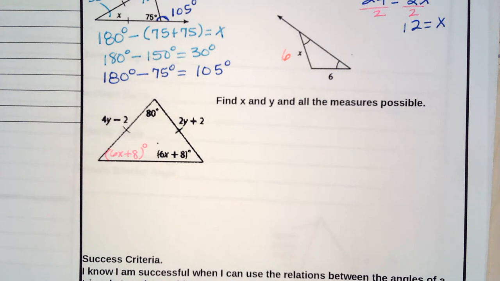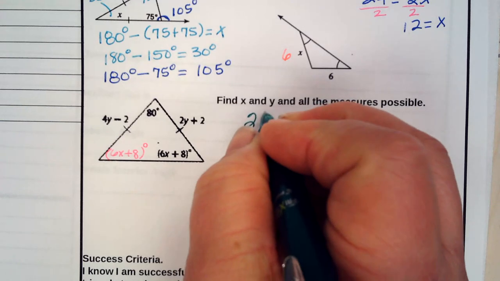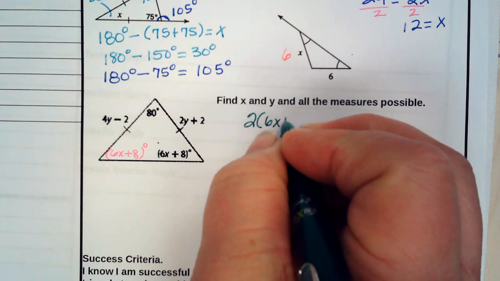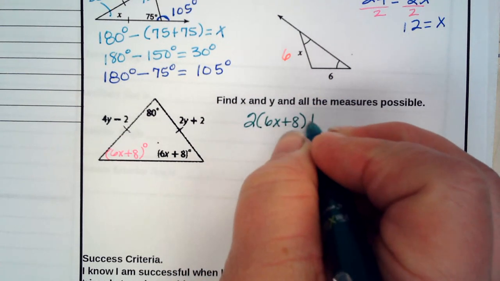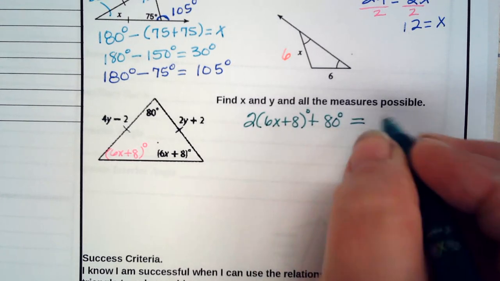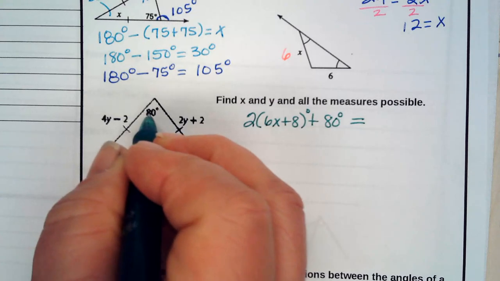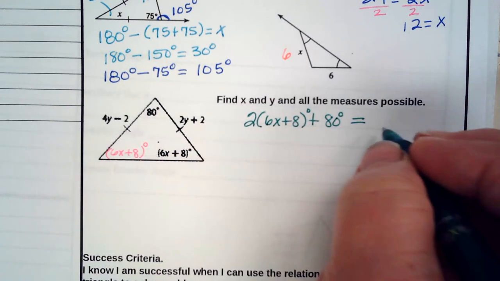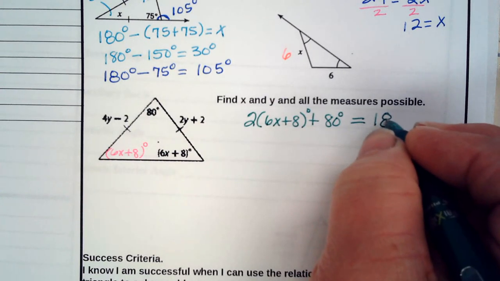So we can take 2 times 6x plus 8 plus 80 degrees, and that is the interior angle of a triangle, which add up to 180 degrees.